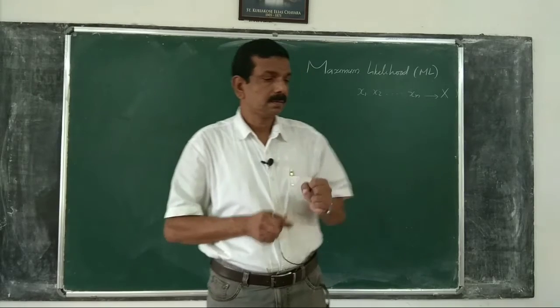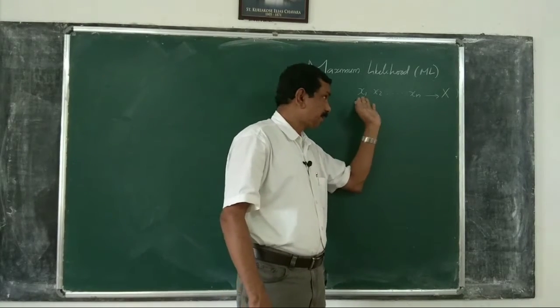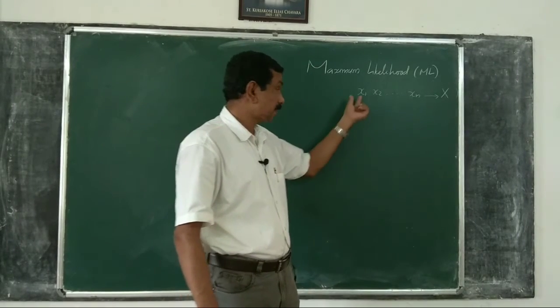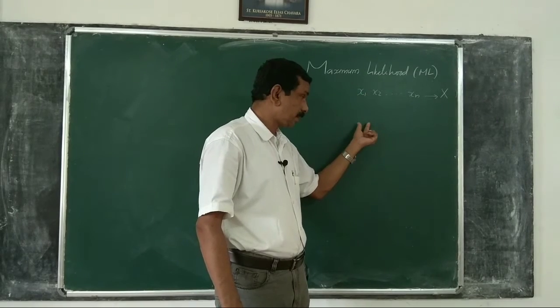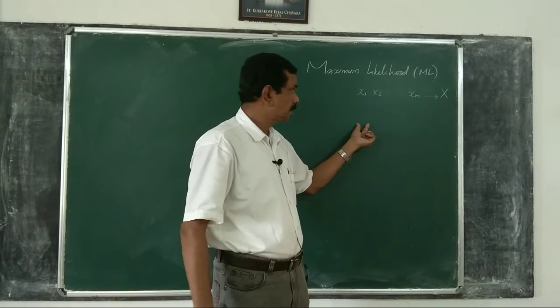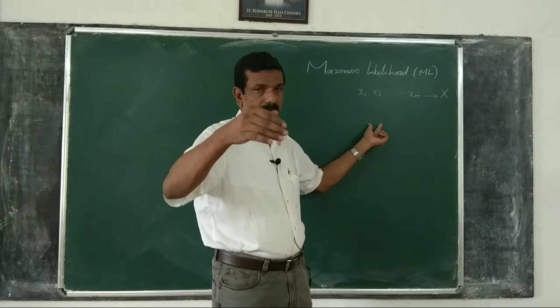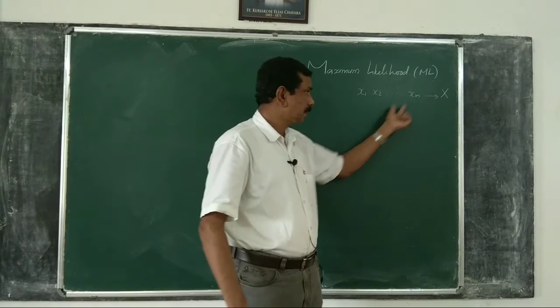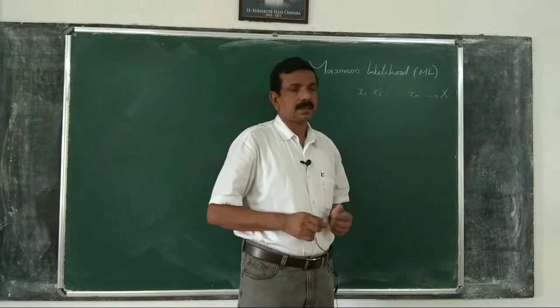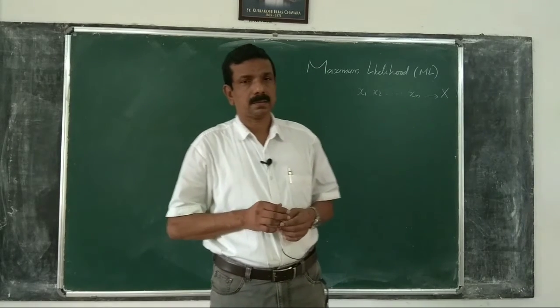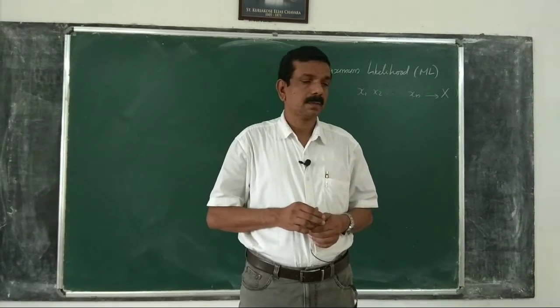Each observation, say x1, has a certain probability to occur in a particular sample. x2 has a certain probability to occur in a particular sample. Similarly, xn has a certain probability to occur in a particular sample.